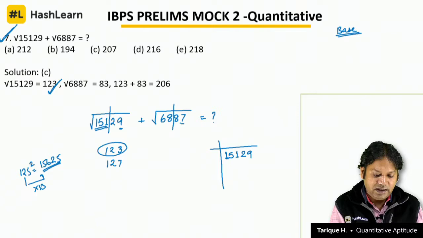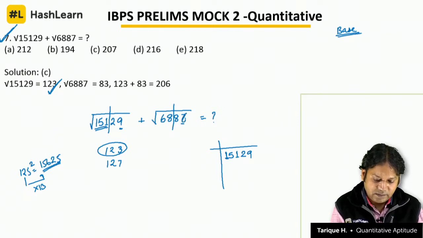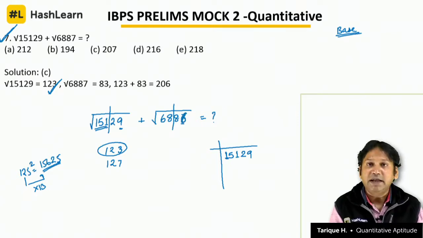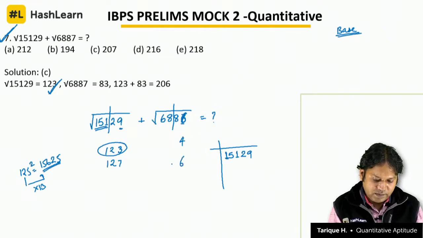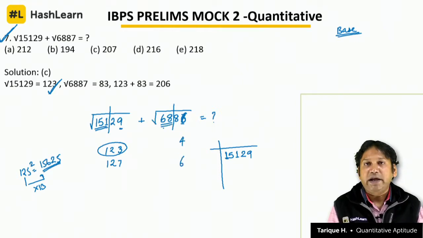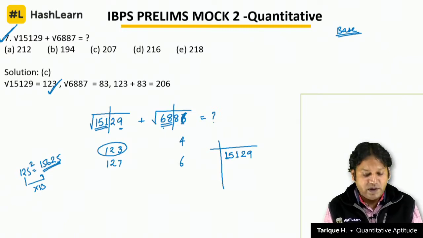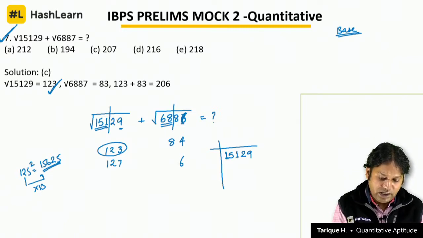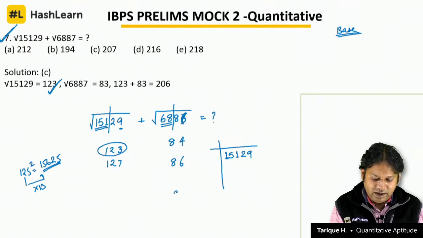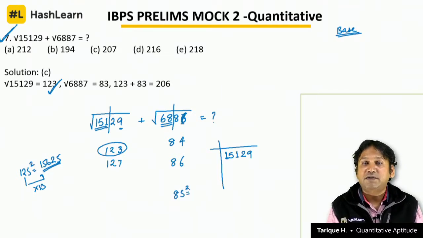So let's say 6886. Okay, let's make it 6886. So it could be something ending in 4 or 6, and for 68, 8 square is 64 and 9 square is 81. So it's around 84 or 86. Let's check with the mid number 85 using the shortcut technique of square calculation.